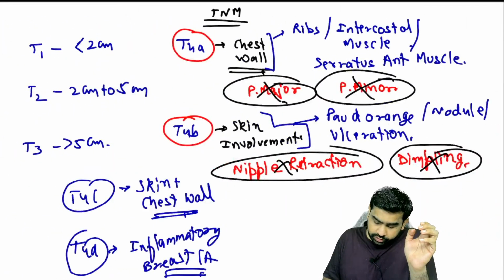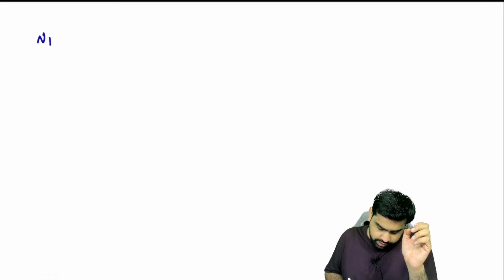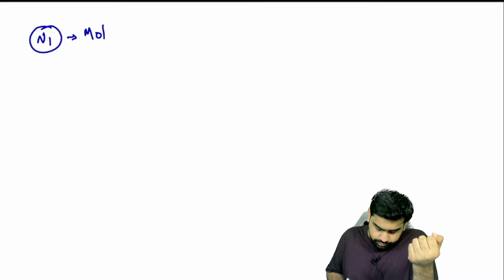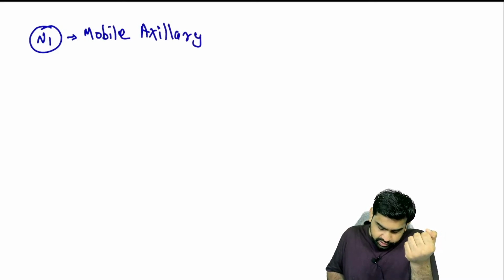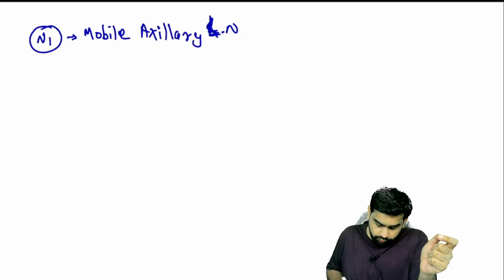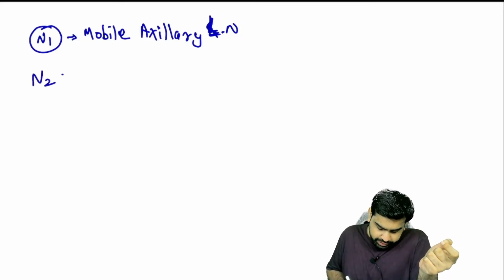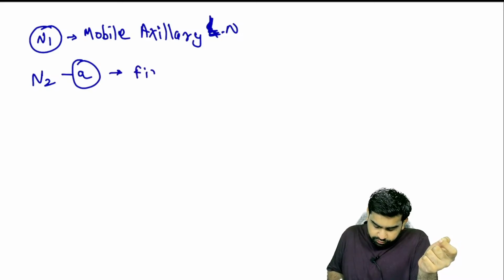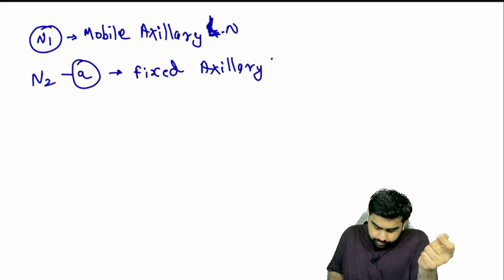Then we have the N stage. So what about the N stage? N1. What is N1? N1 is basically mobile axillary lymph node enlargement. What about the N2? N2 is divided into N2A and N2B. What is N2A? N2A is basically fixed axillary lymph node.